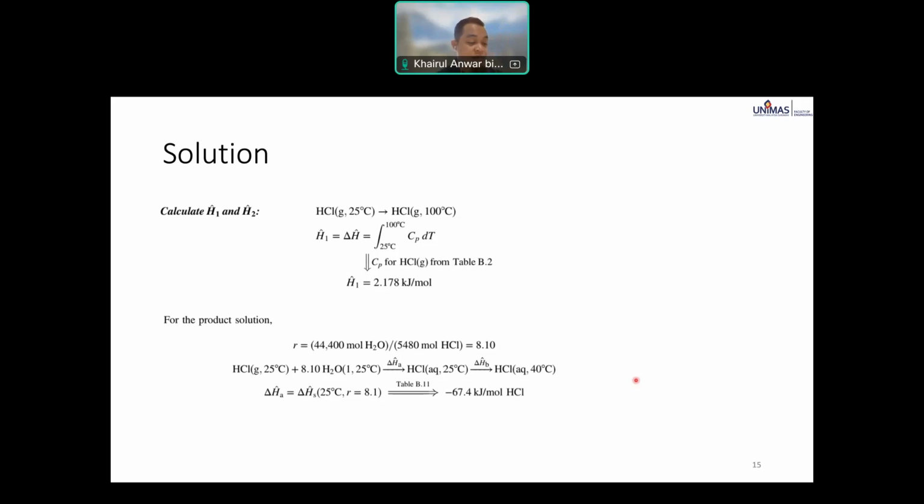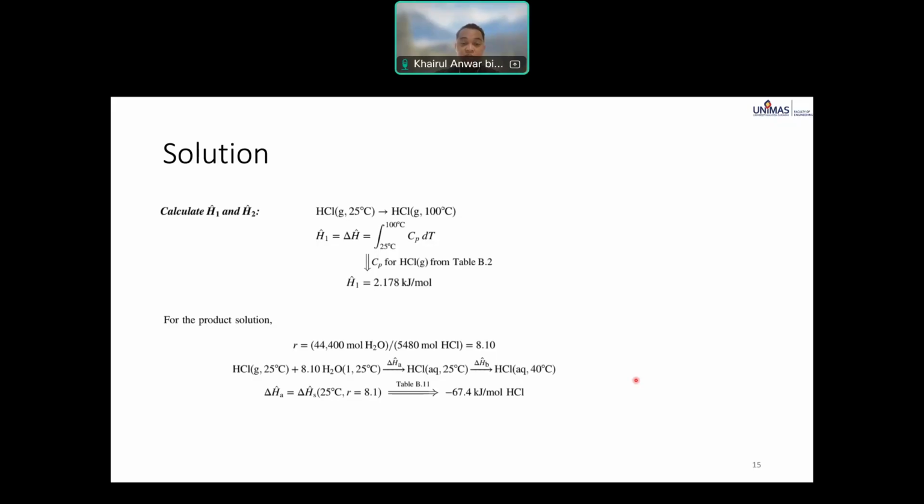For Table B.2, remember there are A, B, C, and D. The value of A, if you take it from this table, is 29.13, in this case, times 10 to the power of -3.